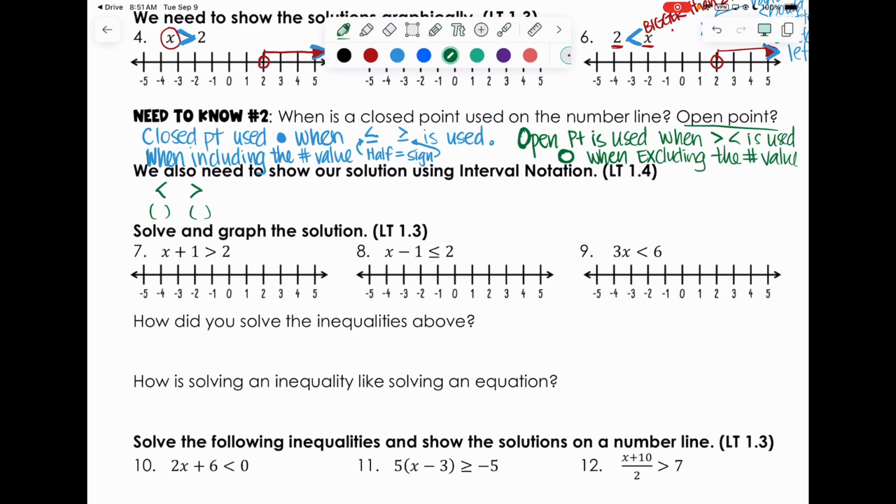If you have less than or equal to, greater than or equal to, you use brackets. Squared parentheses like this, brackets. Parentheses rounded, brackets closed, okay?